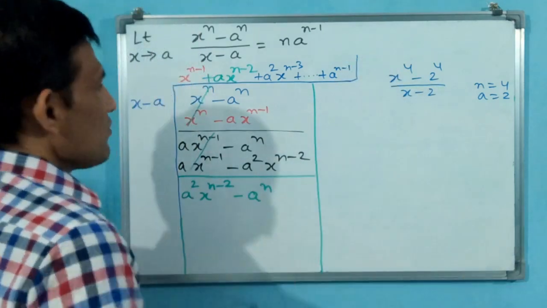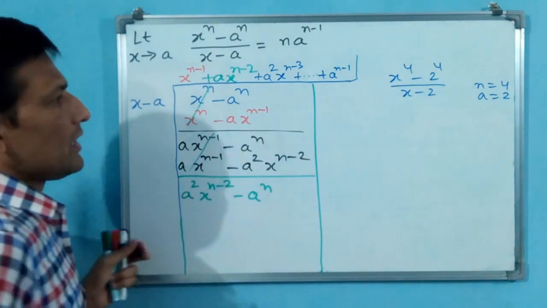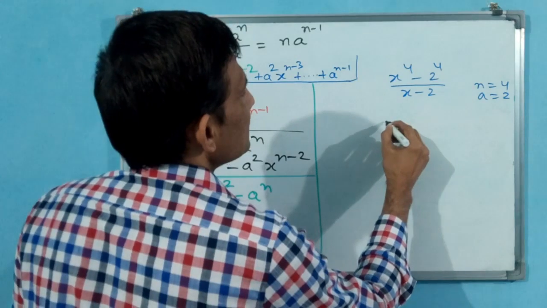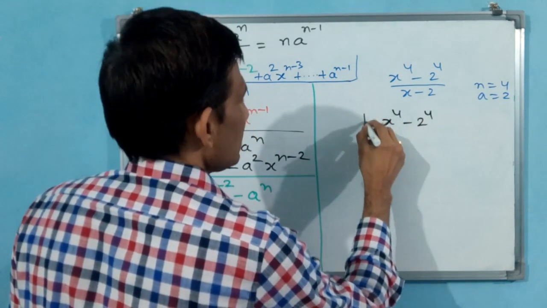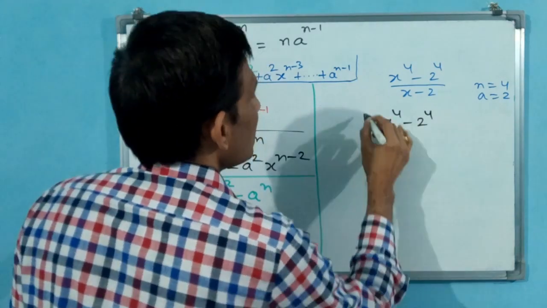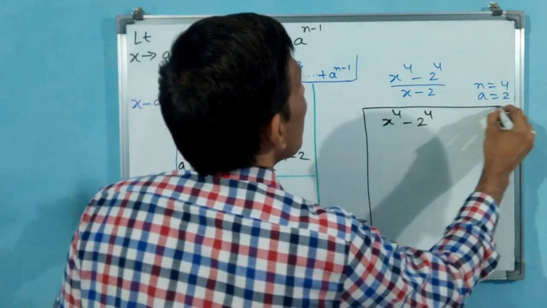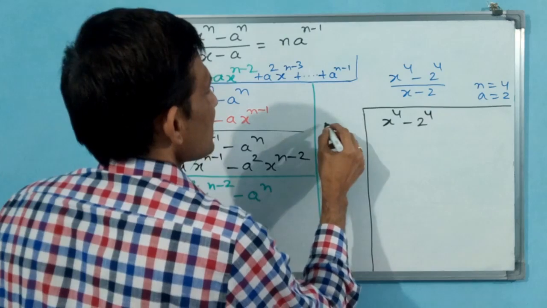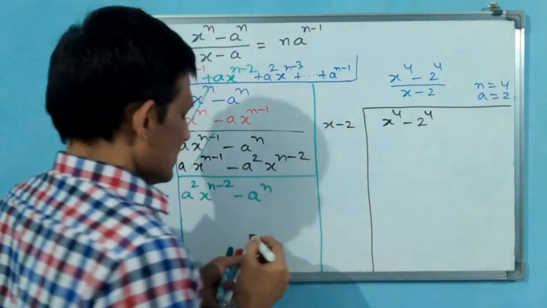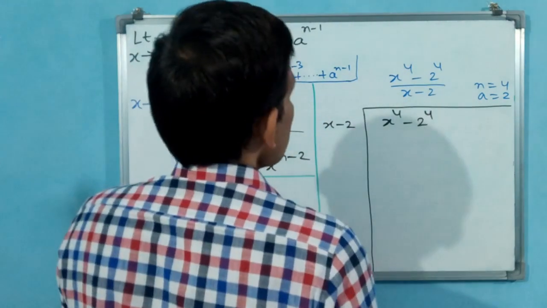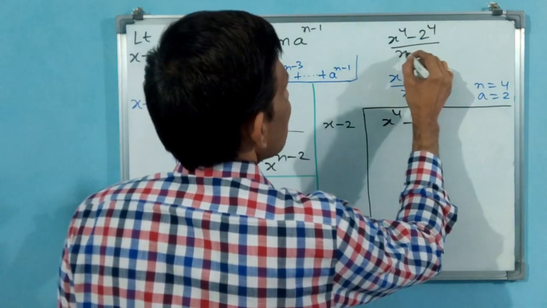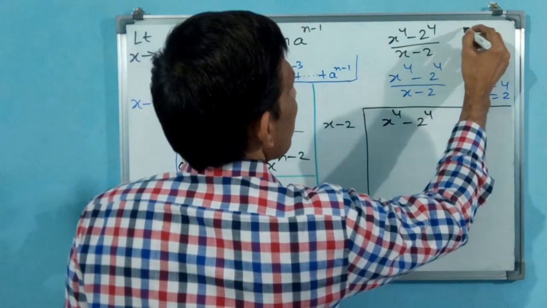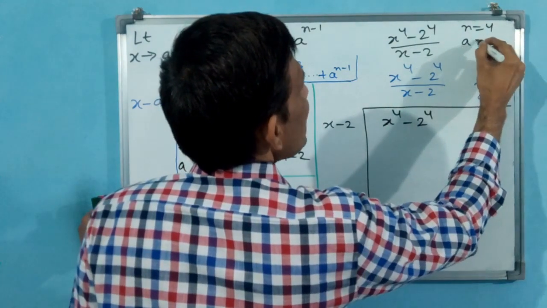See what I am doing here. I am dividing x power 4 minus 2 power 4 with x minus 2. I am writing it on top again: x power 4 minus 2 power 4 by x minus 2, where n is equal to 4, a is equal to 2.